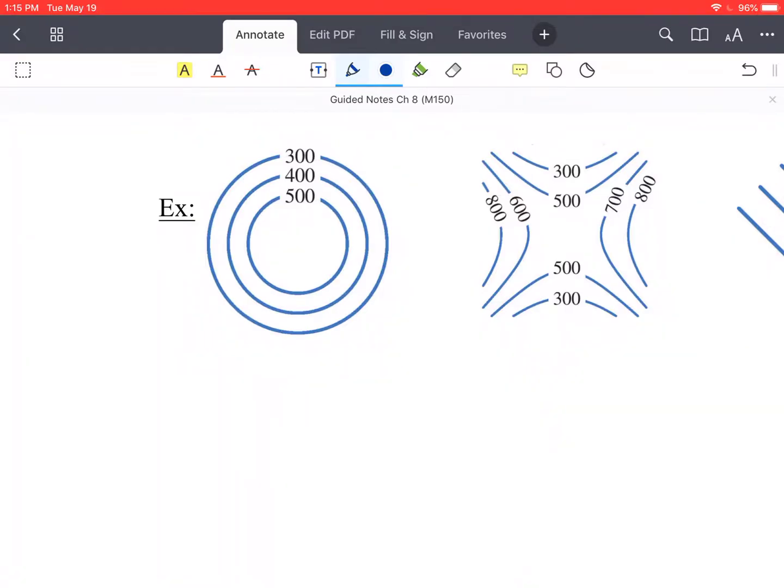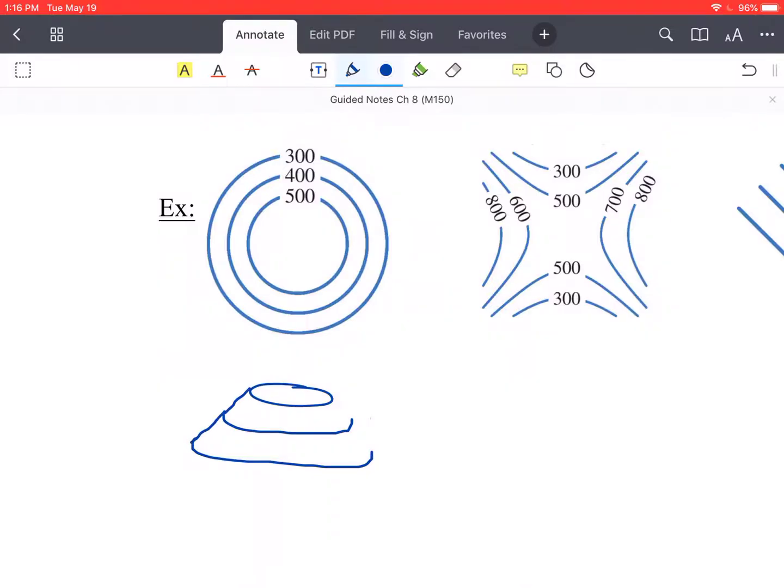These are all circular, so I'm going to draw a little bit of perspective here. There's our top one. 400 is going to be out just a little bit further like that. Something like that. And then 300 is a little bit wider than that one.